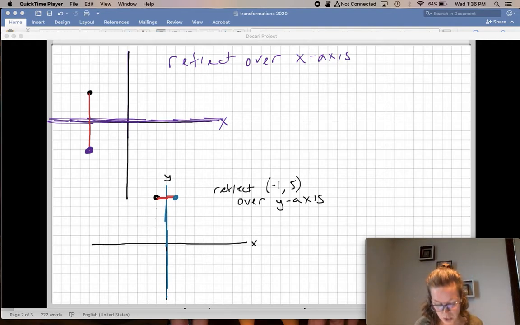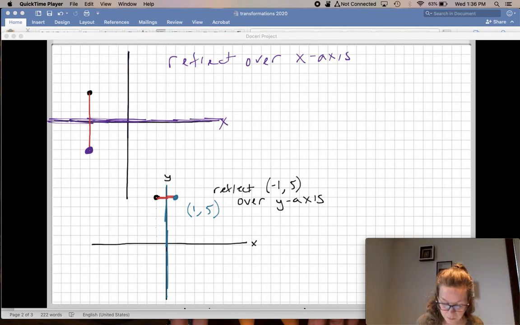Where is that image? Well, now x is +1 and y is still 5. So those would be the coordinates of that image. So when we're reflecting over a horizontal or a vertical line, we connect and maintain that same distance away.